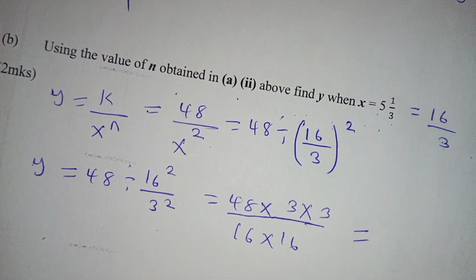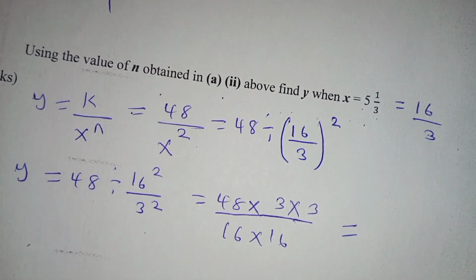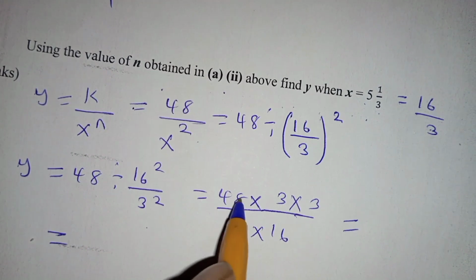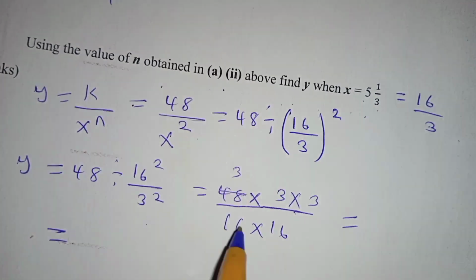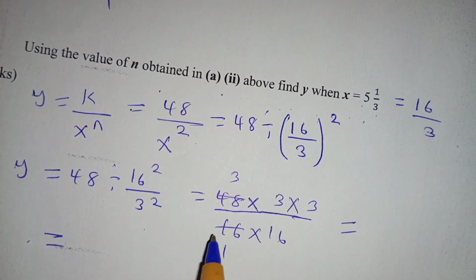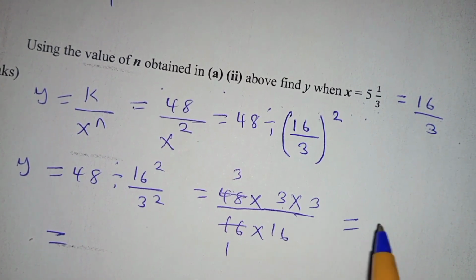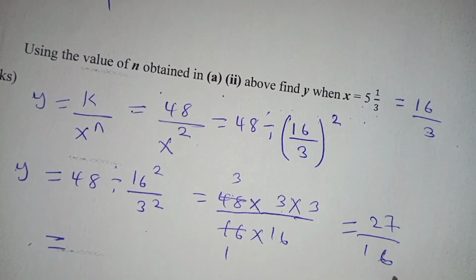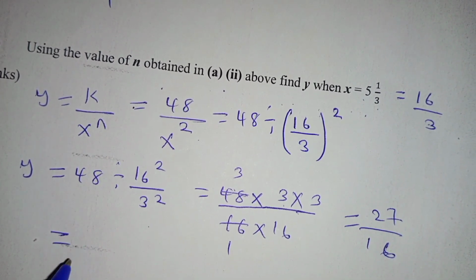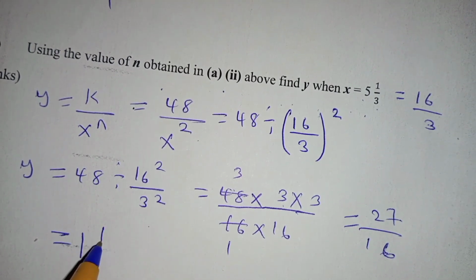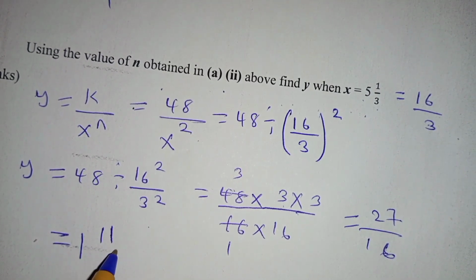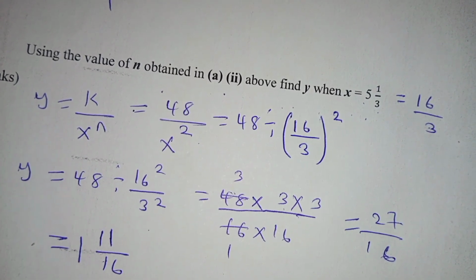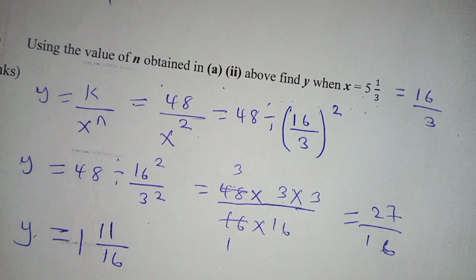By 16 here, we are going to get 3 by 1. Then 3 times 3 is 9, 9 times 3 is 27 over 16, which is the same as 1 and 11 over 16. It is our value of y.